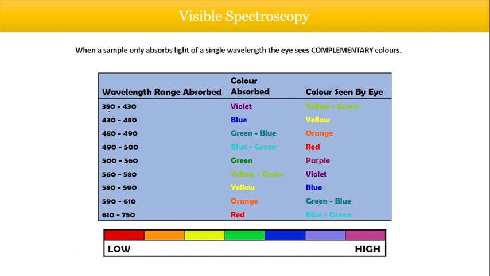In the first line it says, when the sample only absorbs light of a single wavelength, the eye sees the complementary color. So what we are observing are the complementary colors.